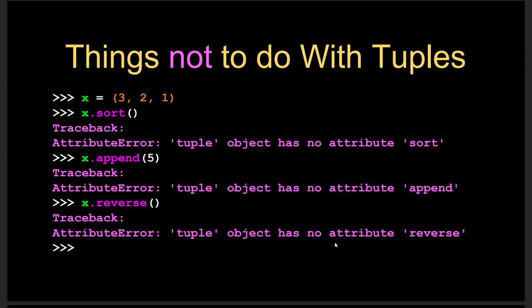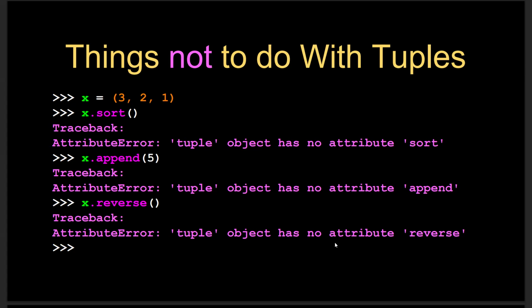Next one, append. What will this append method do? It will add an element to the end of the tuple. It means we are doing modifications. We are doing some changes. Tuples do not allow any modifications or changes after creation.